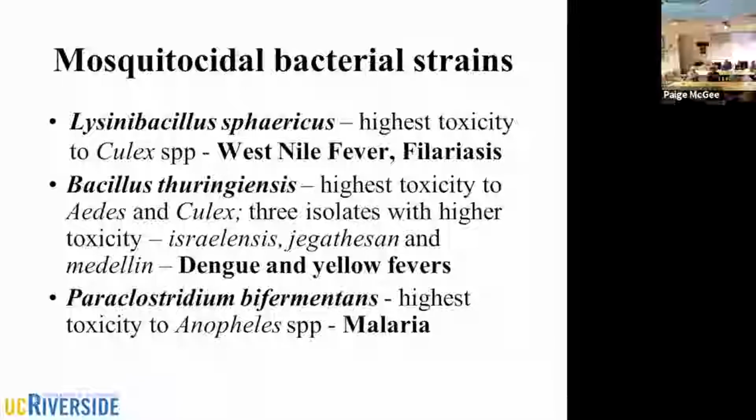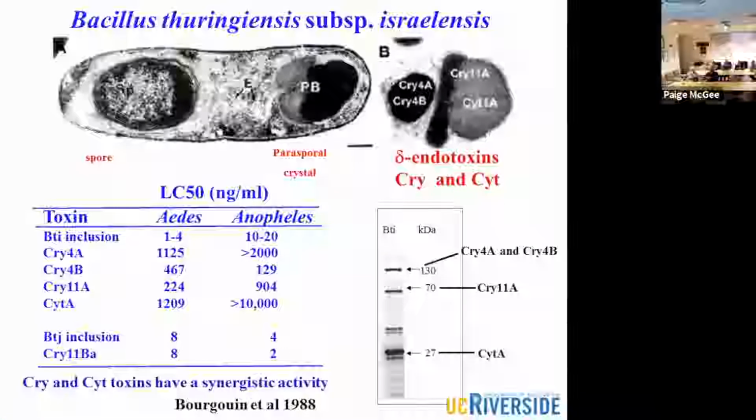Now, thuringiensis has not been extensively used for control of Aedes, although this mosquito is quite important for dengue and yellow fever. Now, the last one, the reason I'm interested in Paraclostridium is because this is toxic to Anopheles, which is a vector of malaria, but I'm not going to go into much of this anymore.